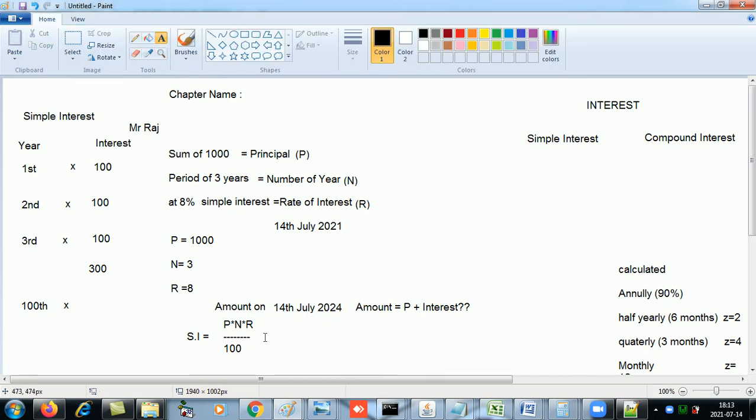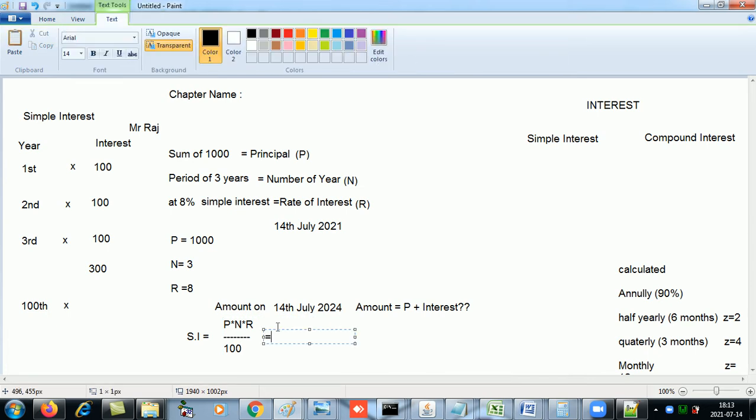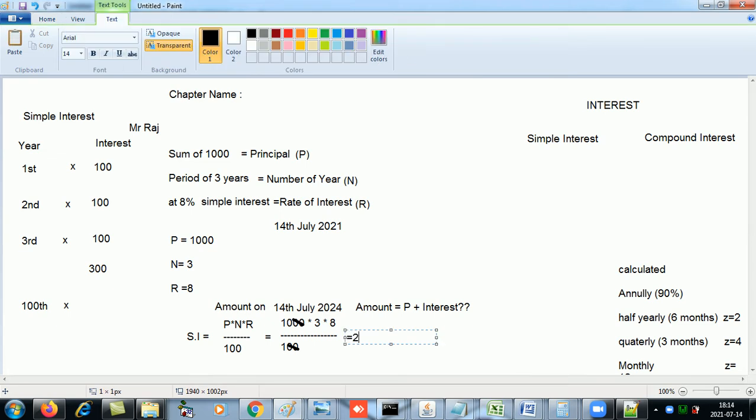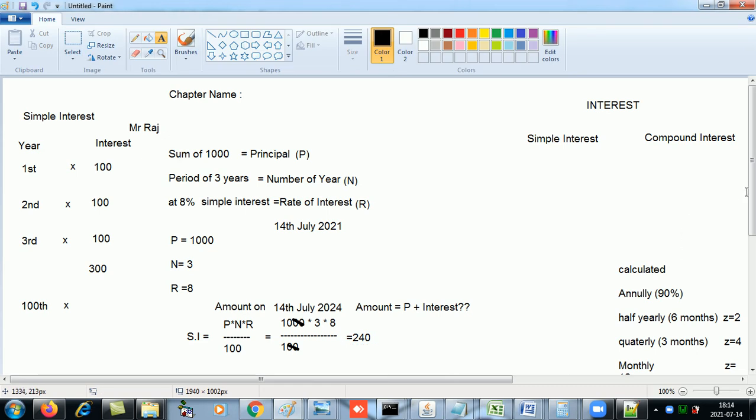So in this case it will be 1000 into 3 into 8 divided by 100. So if I cancel these two zeros, I am left with 10 on top. 10 into 3 is 30. 30 into 8 is 240. So total interest which he has got is 240.